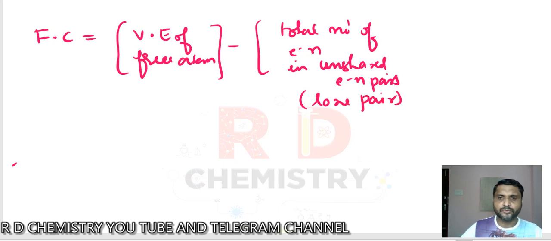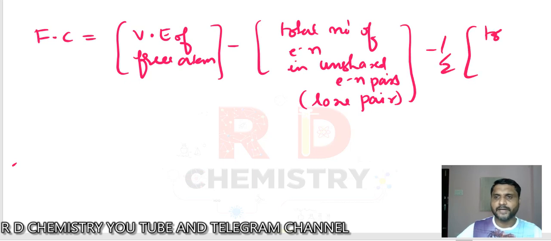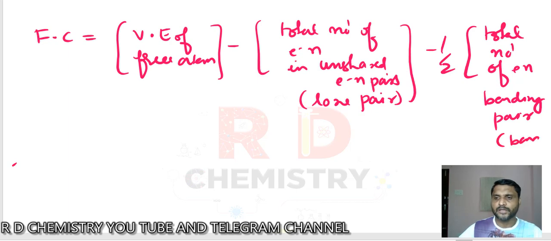Altogether, how many electrons are in the lone pairs? When you say pair, two electrons. Total number you have to count. Minus half into the total number of electrons in the bonding pairs. When I say bonding pairs of electrons, which are there in the bonds, total number of bonds into 2 you have to do. Okay, right?